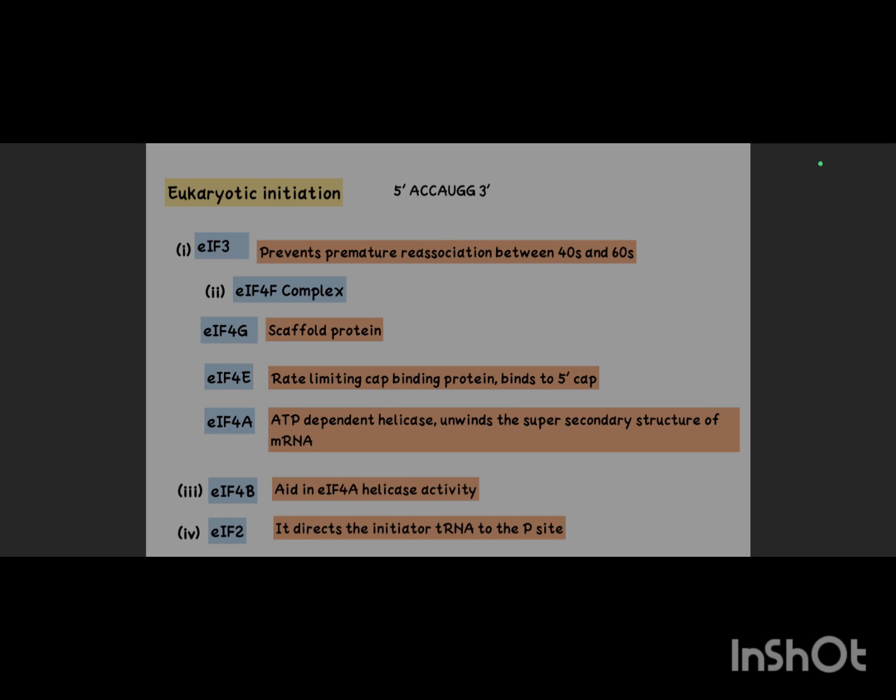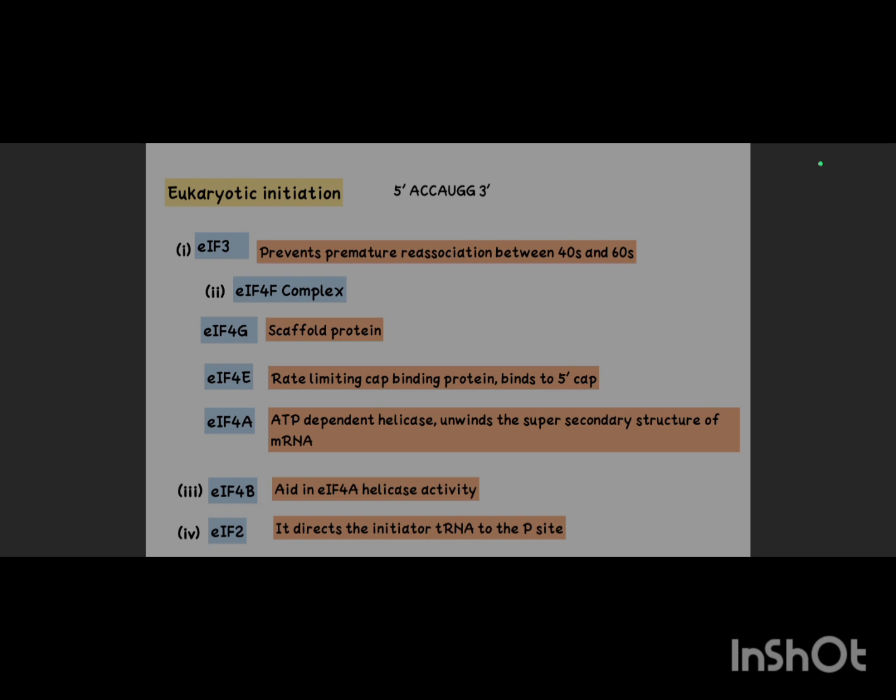This is an ATP dependent helicase, and it causes the unwinding of the supercoil structure of mRNA to open the codon to the ribosome and tRNA. Okay, so these three monomers, EIF4G, EIF4E and EIF4A, mainly compose the EIF4F complex.